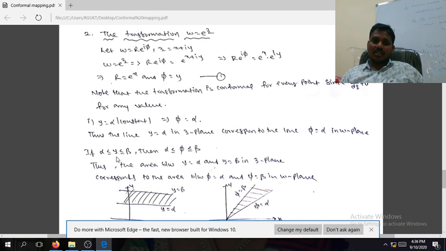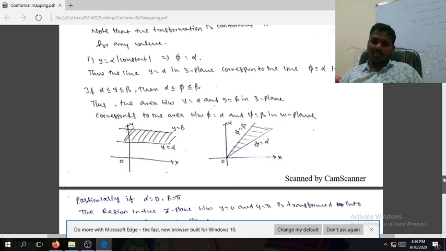So the horizontal strip between y is equal to alpha and y is equal to beta is mapped to what? It is nothing but a wedge, like the triple integrals we discussed, no? It is a wedge between phi is equal to alpha and phi is equal to beta. phi is equal to alpha is a straight line, and phi is equal to beta is also a line.